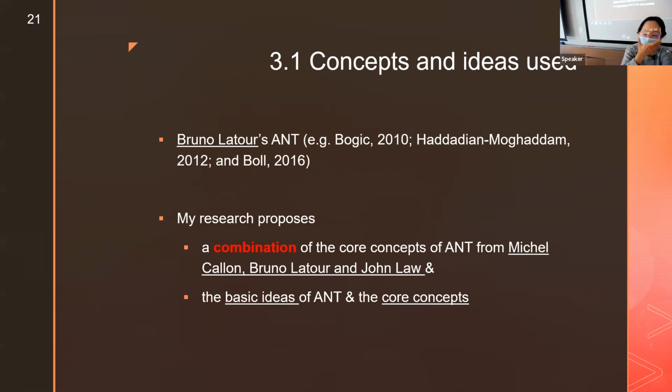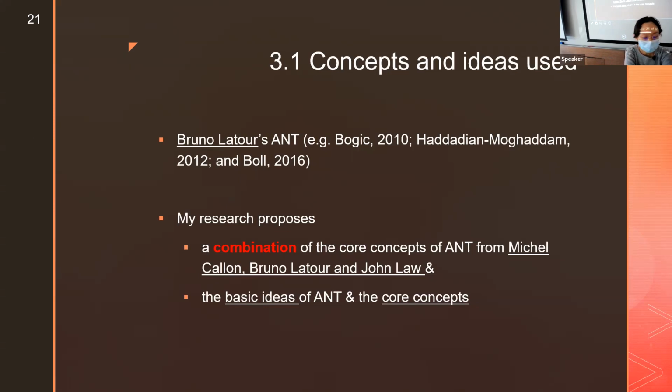The previous studies on translation that adopt an ANT perspective are based mainly on Bruno Latour's actor-network theory, either alone or together with other theories, for example Buzelin's research, Haddadian-Moghaddam's research, and Bogic's research. My research combines the core concepts of ANT from Michel Callon, Bruno Latour, and John Law.